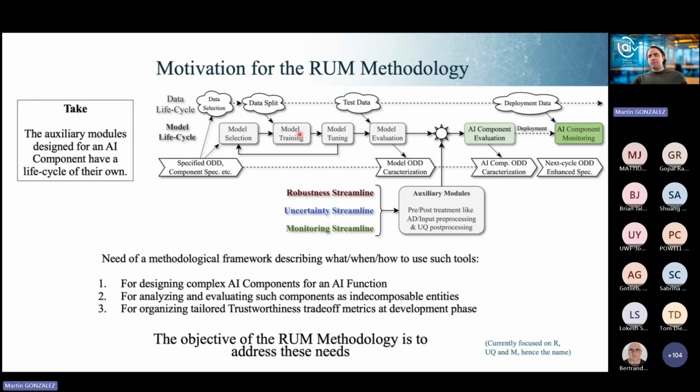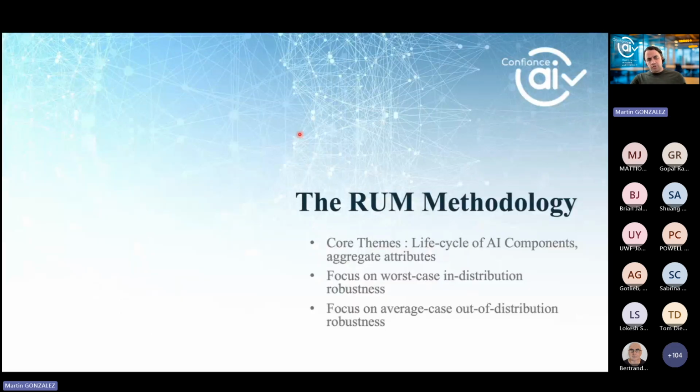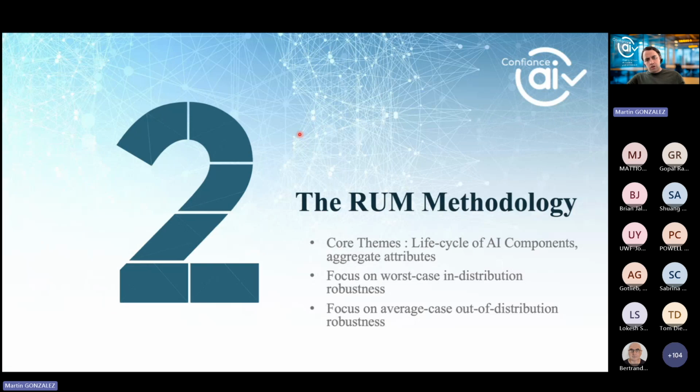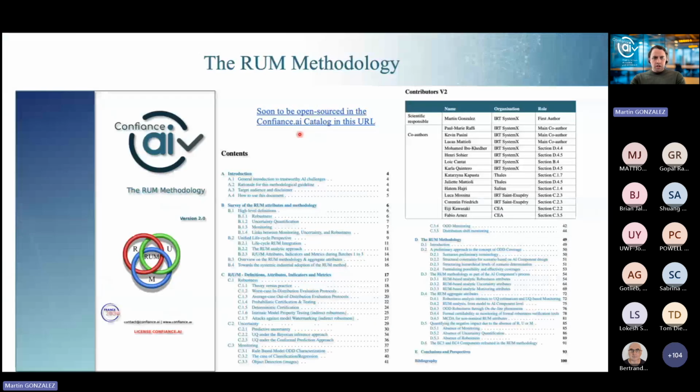So that being said, let's get into the second part of this talk, which is a deep dive of this RUM methodology, and start by saying what it means to have a methodology here. This methodology is part of the catalog of Confiance AI assets, and it's soon to be open sourced as a document.